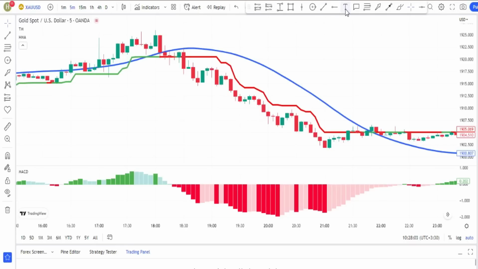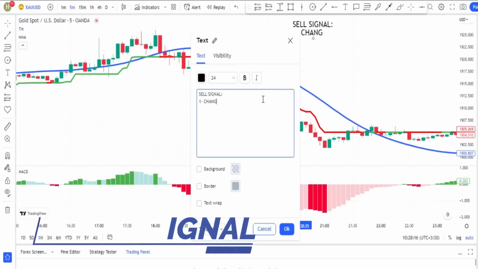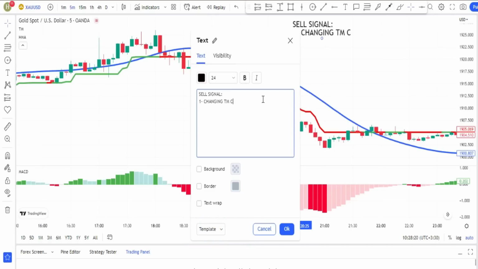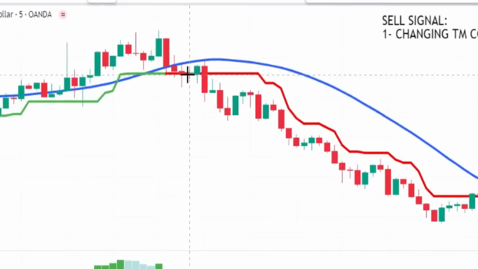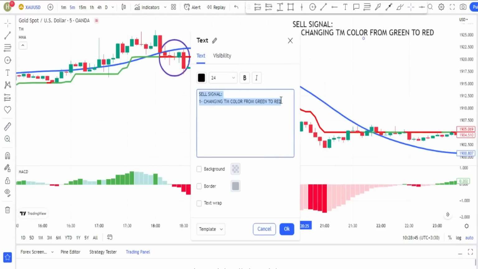And also, in order for a sell signal to be valid, the Trend Magic indicator must first go from green to red. Then a candle should close below the HMA 100.